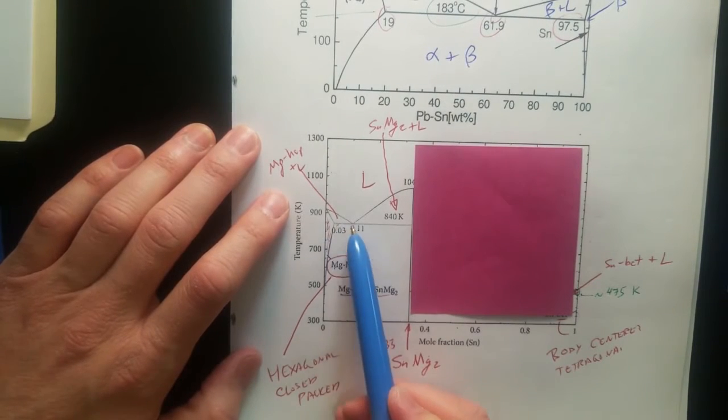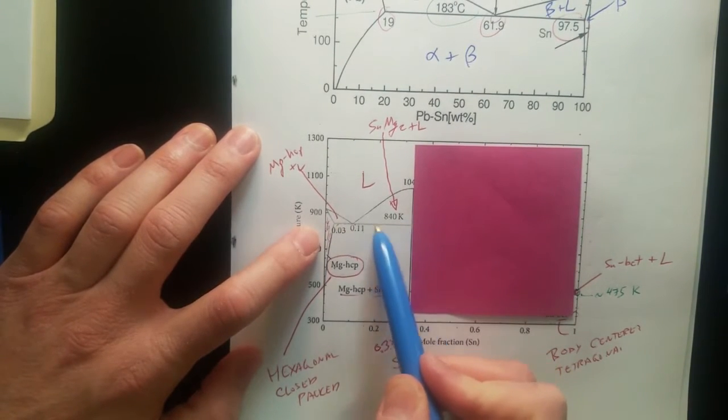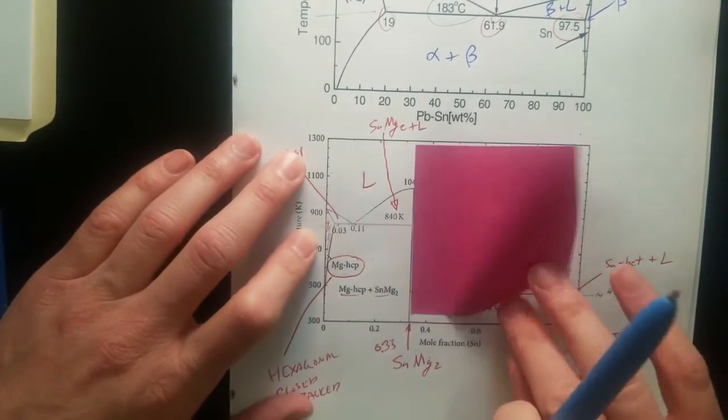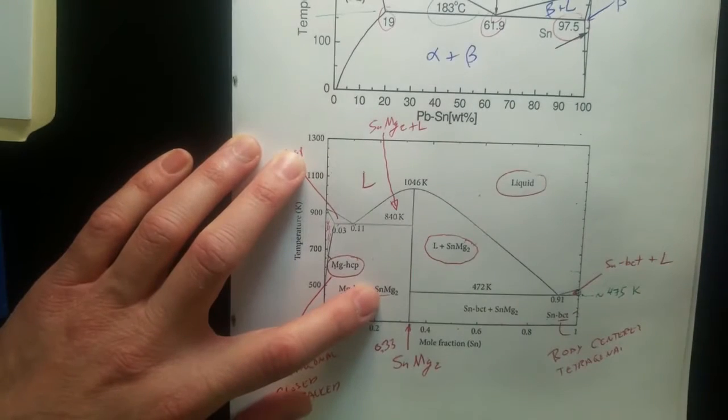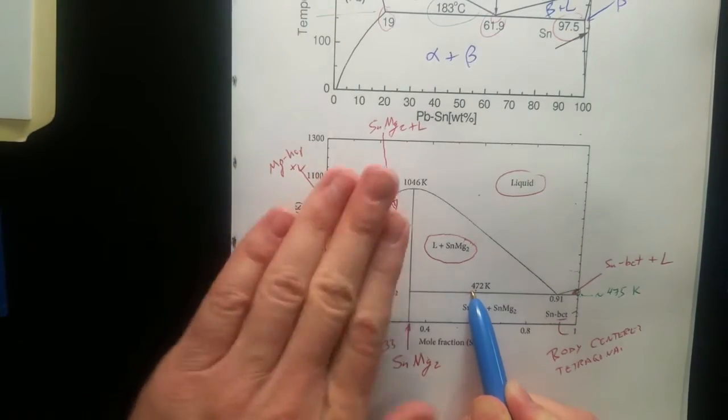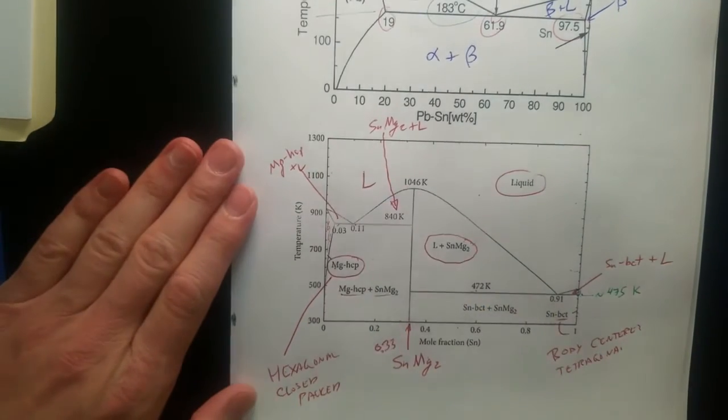And they give us our compositions, and here they give us the temperature. So the temperature of the eutectic is 841 Kelvin. Oh, here, sorry. They give our eutectic temperature as 475 for the diagram on the right.